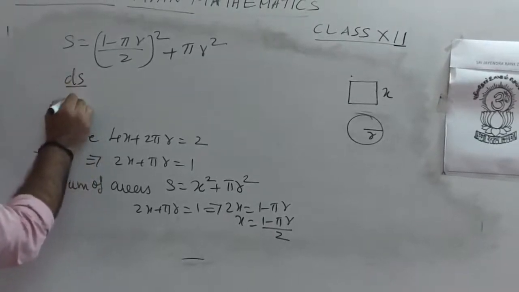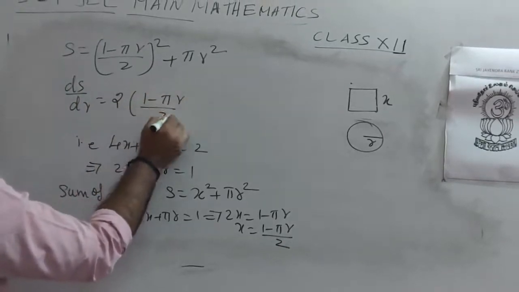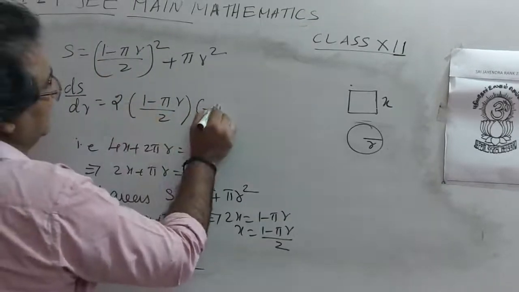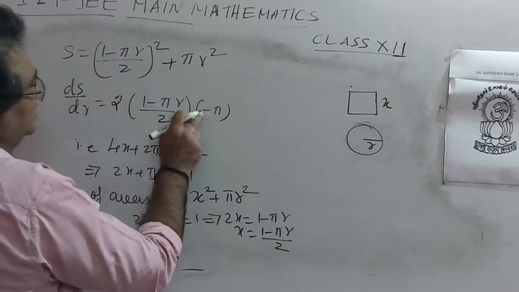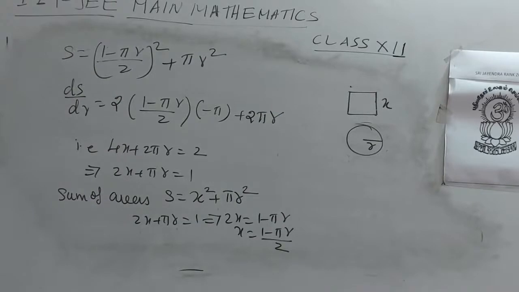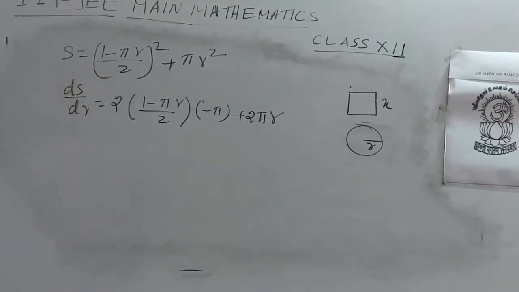You first find differentiation with respect to r. So 2 into 1 minus pi r by 2, into the derivative of the inside term, that is minus pi by 2. The answer will be 0 for differentiating 1. Here again 2 pi r. This will be cancelled.